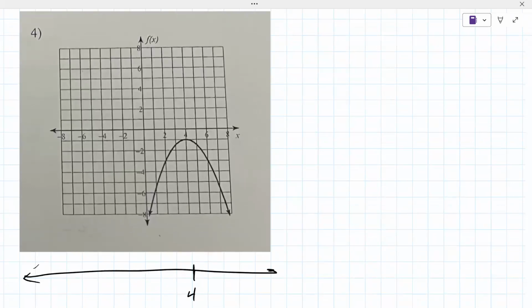Okay, so is it increasing over here or increasing over here? Where is the person going uphill? On the left side. So that's increasing, that's decreasing.